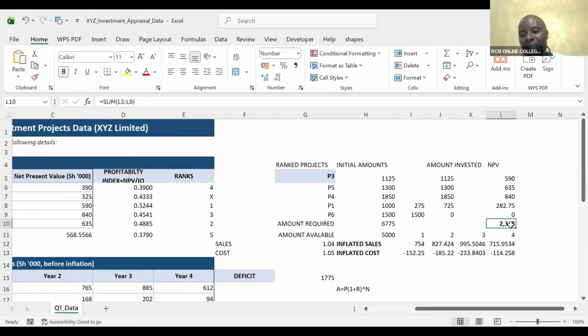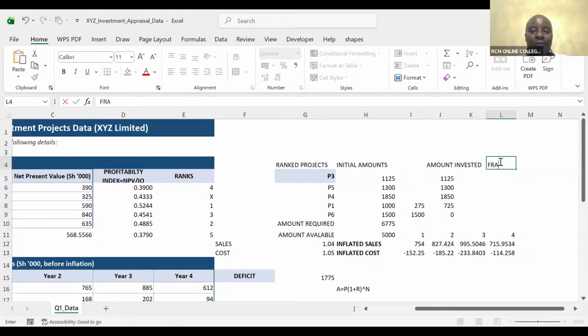Allow me to repeat this. I've always seen people, and they're bright people here, coming here and giving us fraction of the investment invested. They come and give us fraction. How do we get the fraction of our investment? They come and say this, the amount invested, all right? And then they say divided by the original amount.